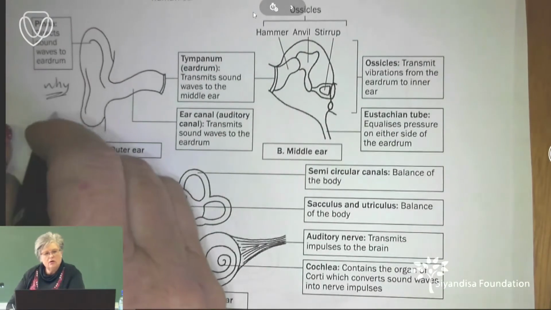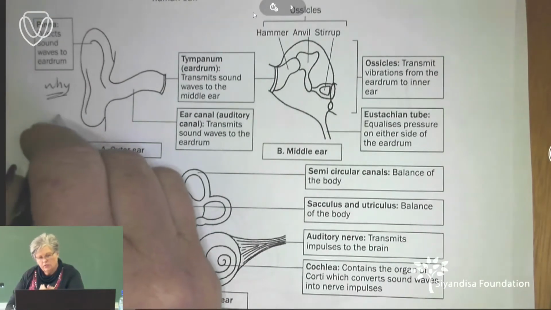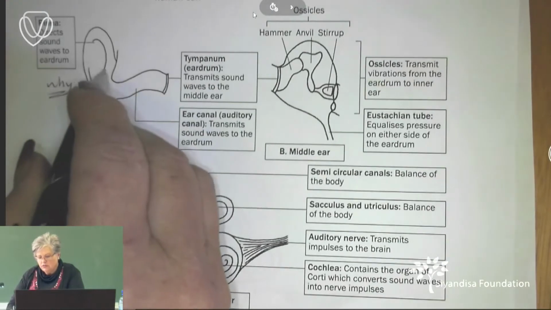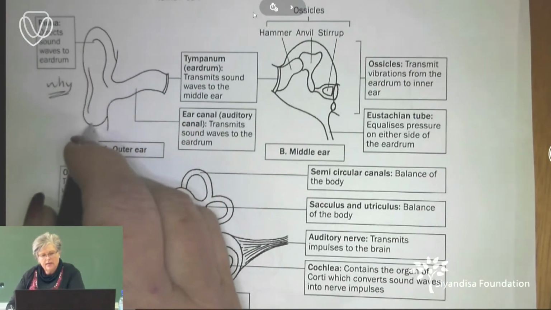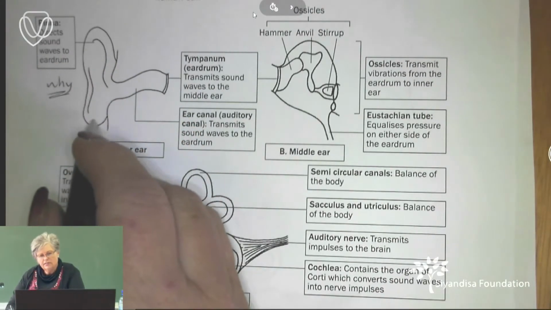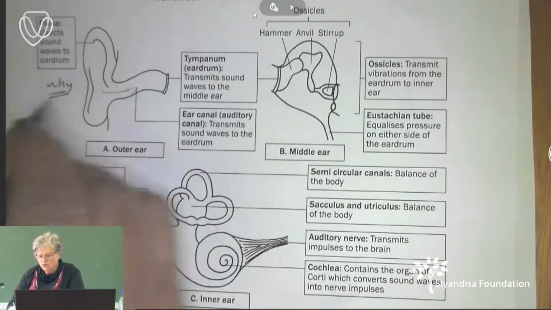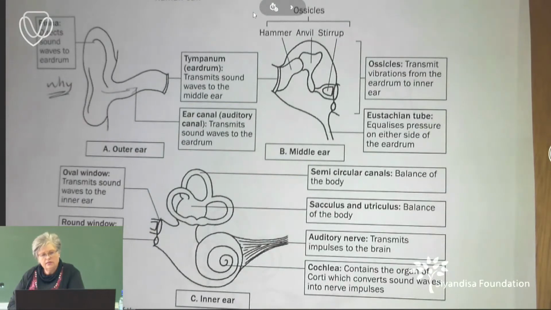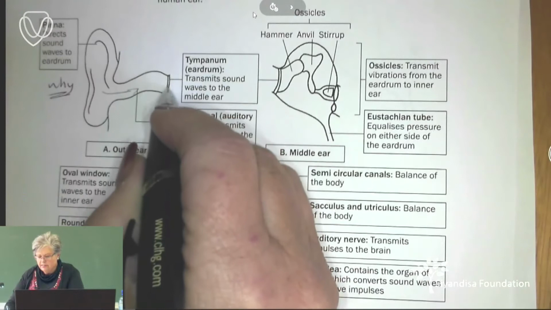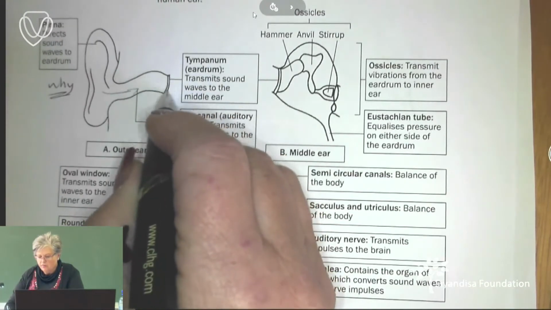Then it becomes a higher cognitive question. Then it's a more difficult question. Then you need to say the form is in such a way that it captures the sound and that it directs the impulse into the ear channel.